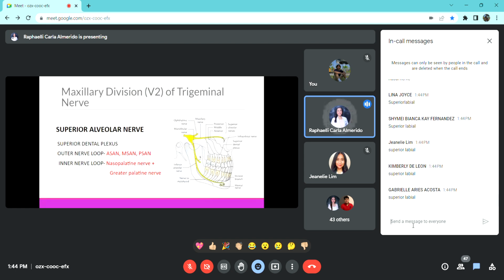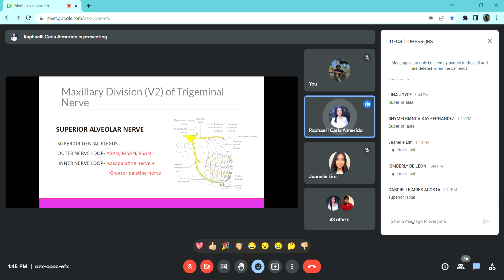Okay. So with regards to the maxillary division, we call a network of nerves formed by the three superior alveolar nerves, your PSAN, MSAN, and ASAN, the superior dental plexus. Pag yung collection of the three superior alveolar nerves, that's your superior dental plexus. And the superior dental plexus has an outer nerve loop and an inner nerve loop.